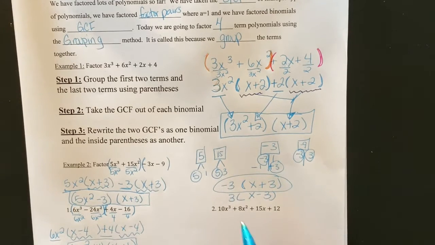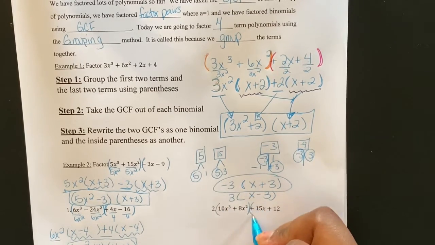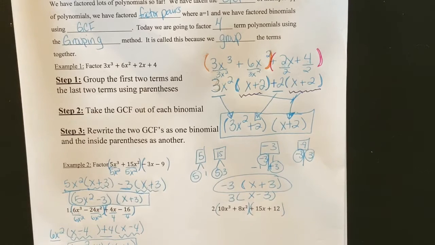All right, next up, 10x cubed plus 8x squared plus 15x plus 12. Group them by parentheses. 10x cubed and 8x squared.